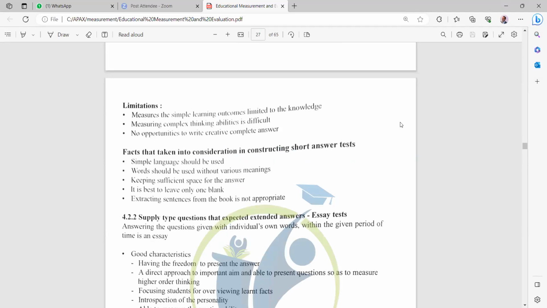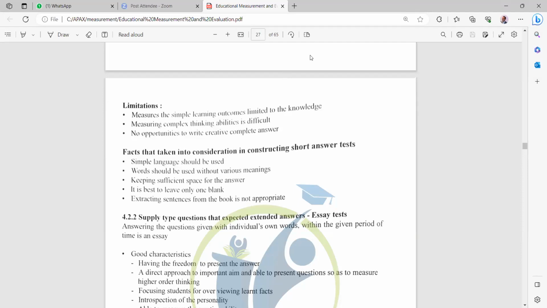They can be used to check only simple learning outcomes. In Bloom's taxonomy, we have six levels. The most basic one is knowledge or remembering. So often we can check only knowledge, the basic level.